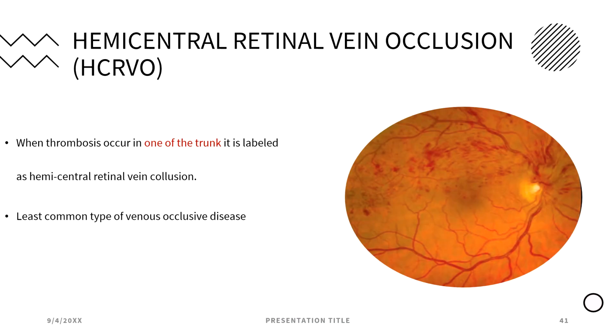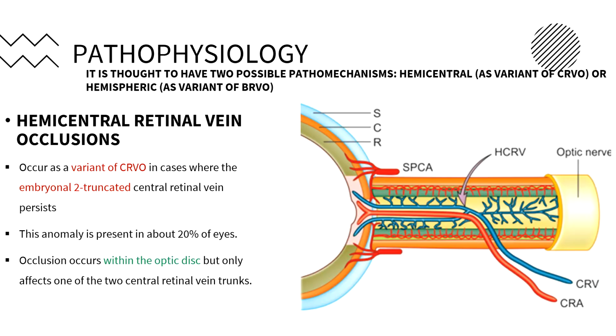Then hemiretinal vein occlusion, also known as hemicentral retinal vein occlusion. When thrombosis occurs in one of the trunks, it is labeled as hemicentral retinal vein occlusion. It is the least common type of venous occlusive disease. Pathophysiology: it is thought to have two possible pathomechanisms, which are hemicentral as a variant of CRVO or hemispheric as a variant of BRVO.